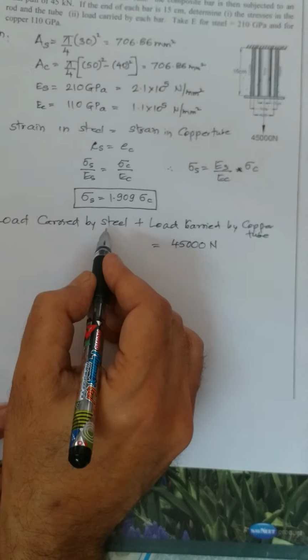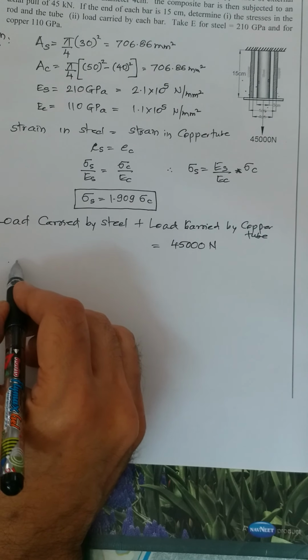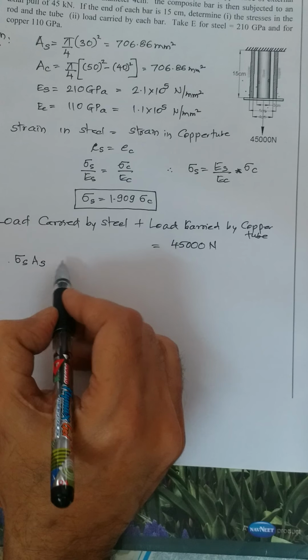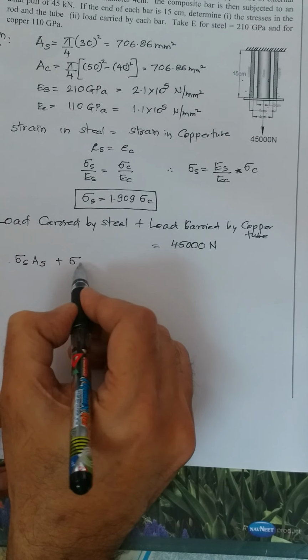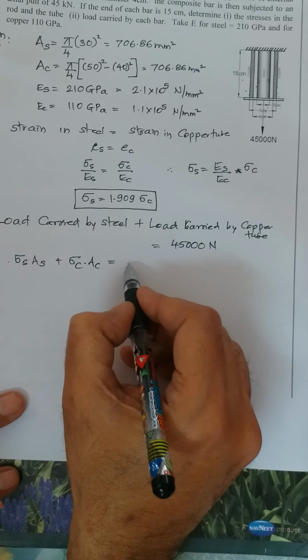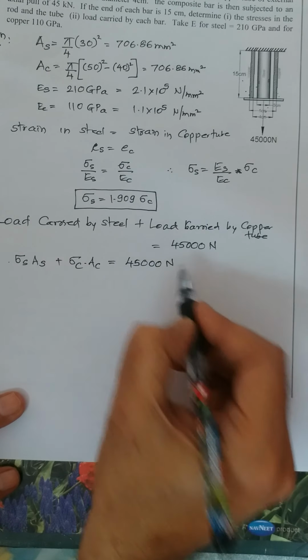So load carried by each will be the product of stress and area. So sigma s into A_s is the load carried by steel rod, plus sigma c into A_c is the load carried by copper tube, which will be equal to 45,000 Newton.